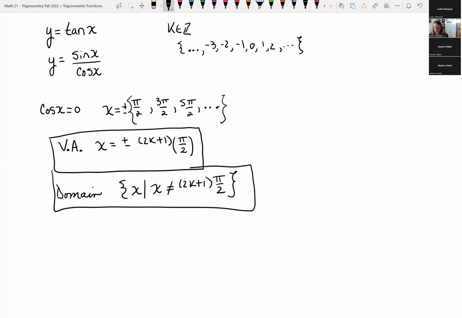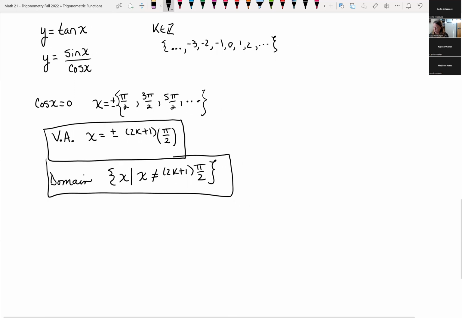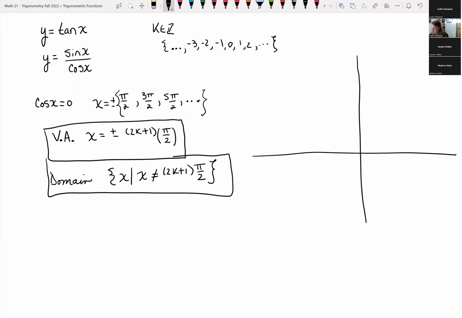Let's graph where those vertical asymptotes are really quickly. And so we have pi halves. We have 3 pi halves. Actually, I'm going to give myself more room.